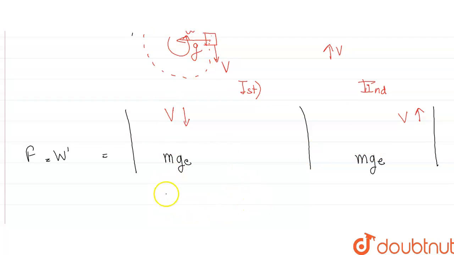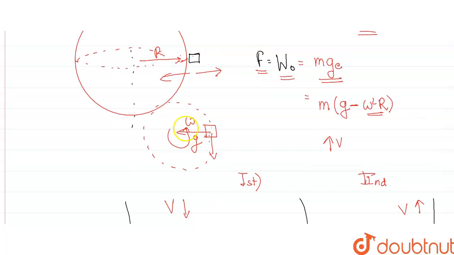Now see, m g minus omega. Earth was revolving in this direction, counterclockwise. Then the ship would attain some velocity like omega into r in this direction, and velocity v was in this direction.